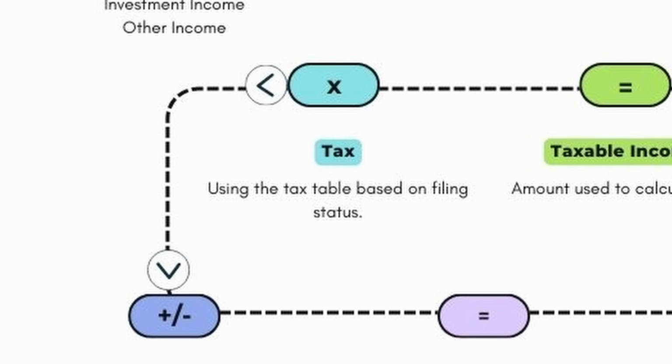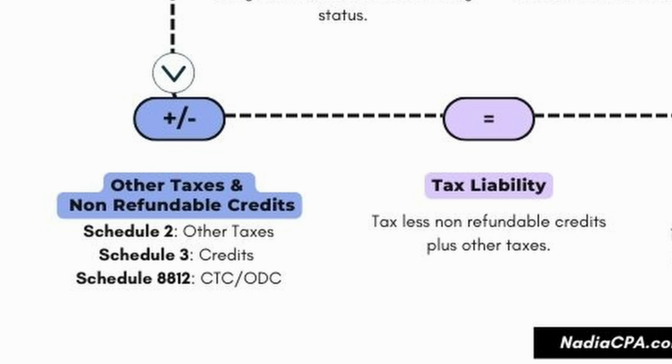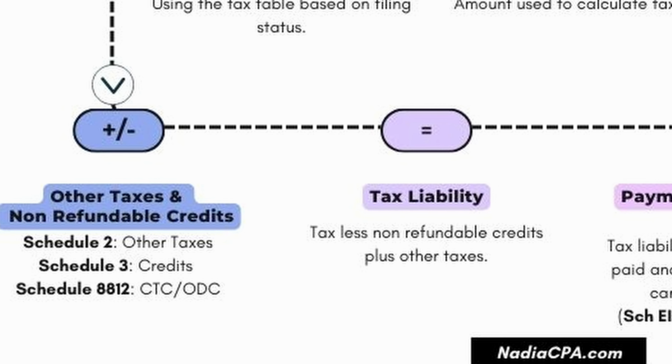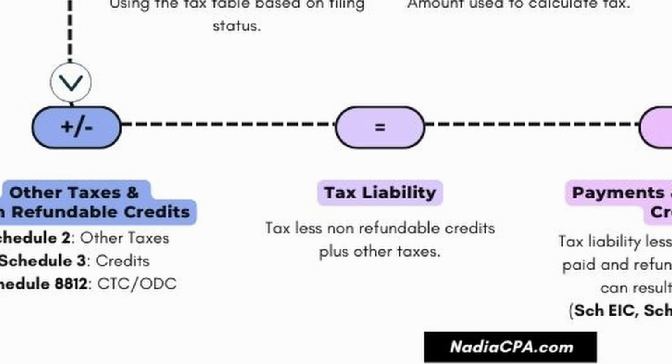Now, I will tell you, if you've looked at a 1040, it's not as easy as just 3 or 4 lines. You arrive to what you think the amount of your tax liability is. But wait, we have refundable and we also have non-refundable credits. At this point, we deal first with the non-refundable credits. After you make those adjustments for your non-refundable credits, then we arrive to the true tax liability.